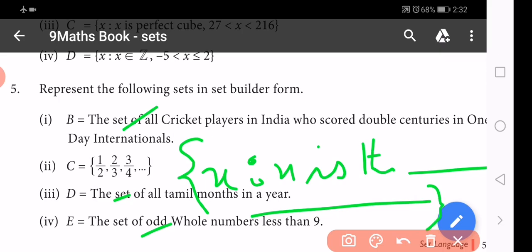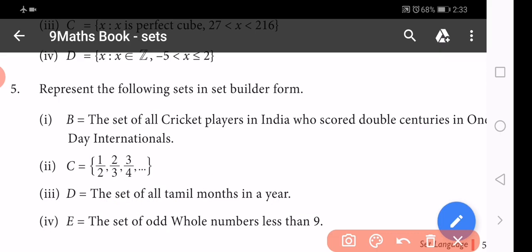That's all. This is the set builder form. For example, the set of all Tamil months in a year: for all x such that x is the Tamil month in a year. We omit the words the set of all. So in the descriptive form we avoid the set of all.